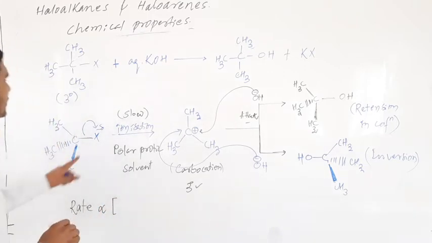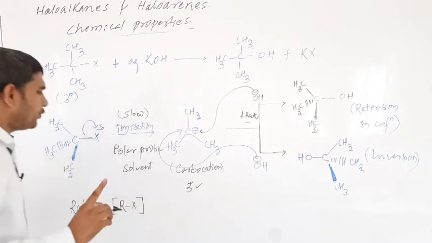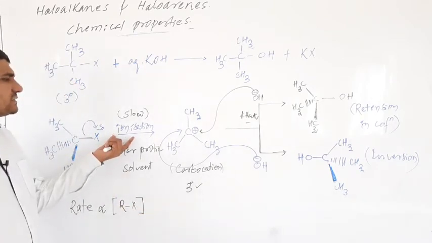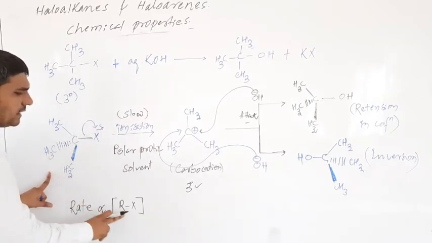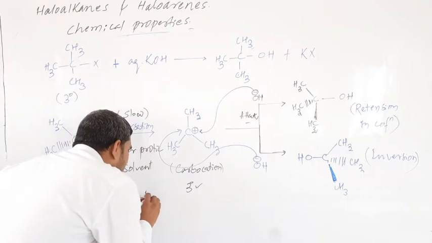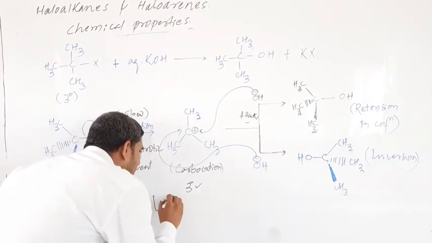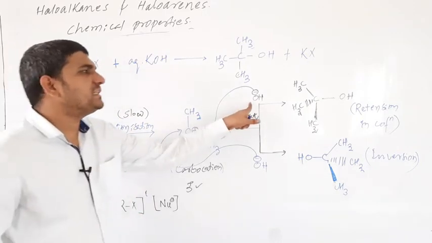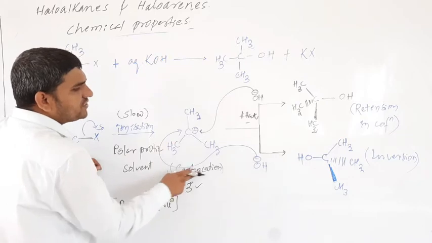Over here, rate is directly proportional to what? Only the concentration of alkyl halide. Why? I told you the rate determining step is step 1, the slow step. In the slow step, how many molecules are there? Only one molecule, the alkyl halide raised to power 1. The nucleophile comes after the slow step, in step 2. Means over here, rate depends on the formation of carbocation.